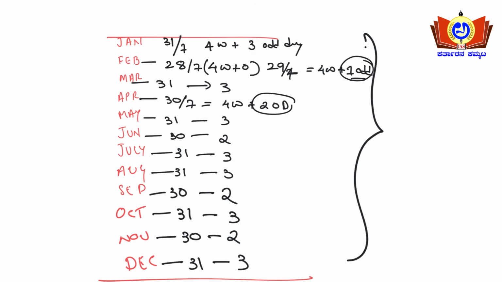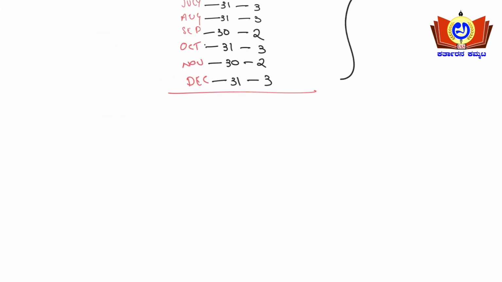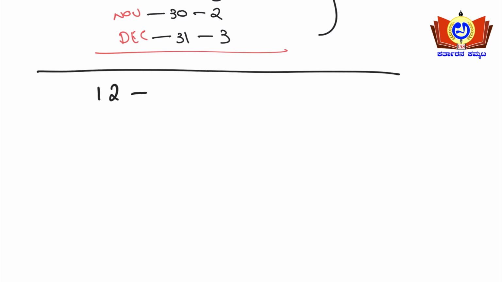Okay. See here friends, I'll take an example and I'll explain how to approach or how to solve the problem here. If the question asks to find which day is 12th February 1941. So which day is 12th February 1941? Okay, see here, we should come backwards here.